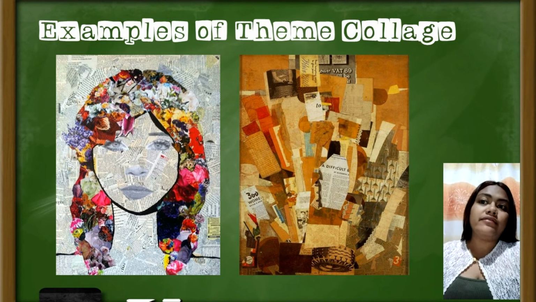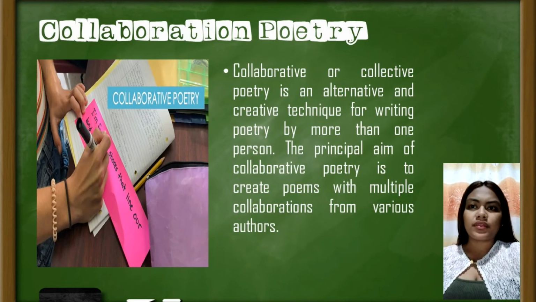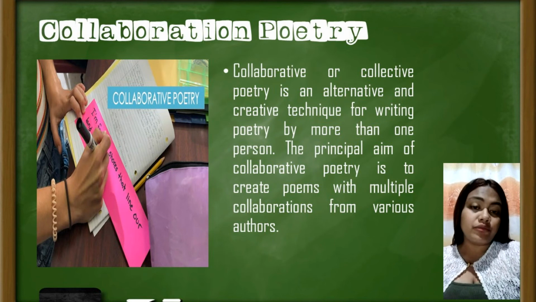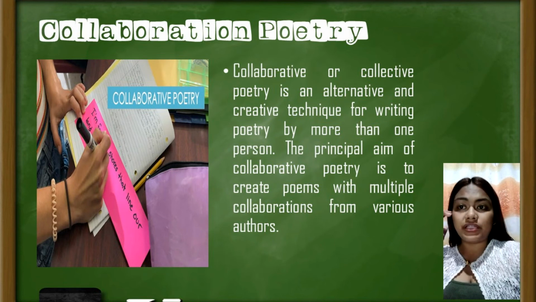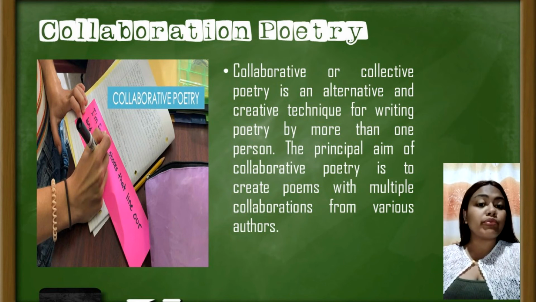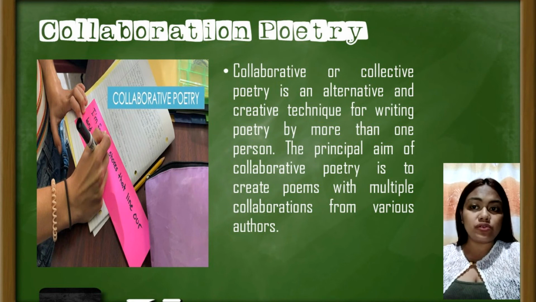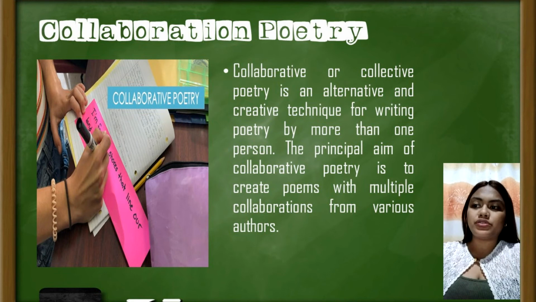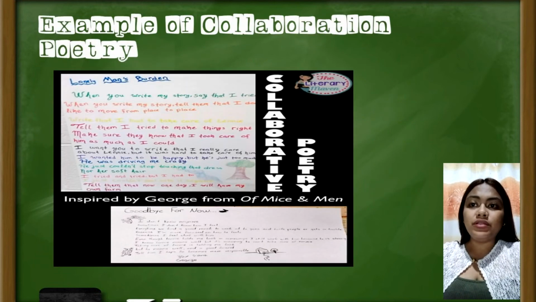Next, we have collaborative poetry. Collaborative or collective poetry is an alternative or creative technique for writing poetry by more than one person. The principal aim of collaborative poetry is to create poems with multiple collaborations from various authors. Here we have an example.